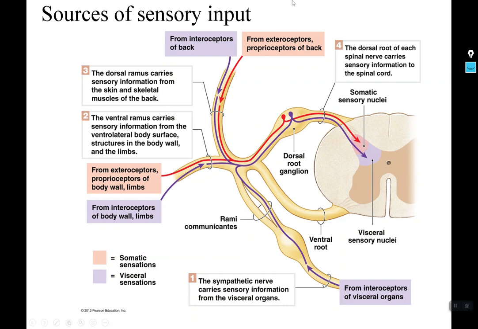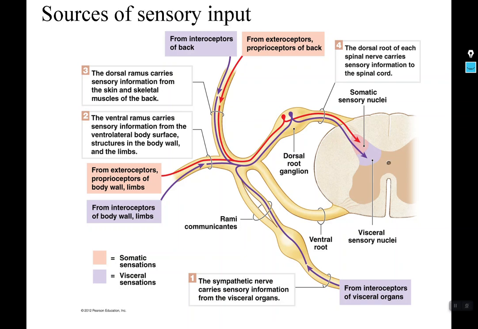So what we're going to take note of is that, first of all, exteroreceptors and interoreceptors are present in both the dorsal ramus and the ventral ramus. So exteroreceptors mean detecting information coming from outside of the body or the very edge of it. So external stuff.